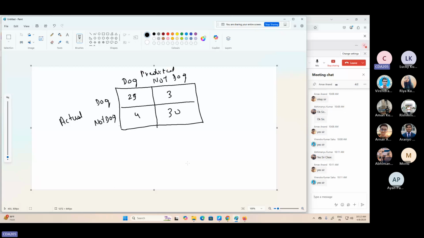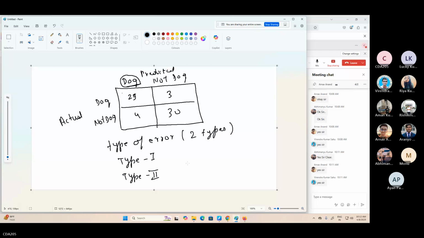So there are two types of error, that is type 1 and type 2. Okay, so for type 1 error, the model is predicting dog, but actually it is not dog.